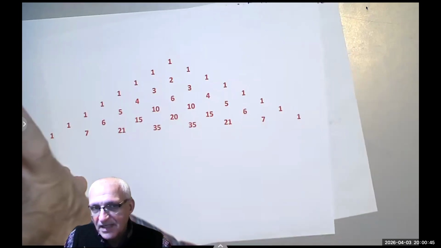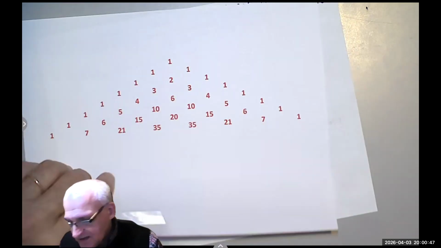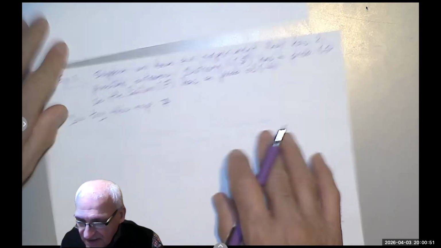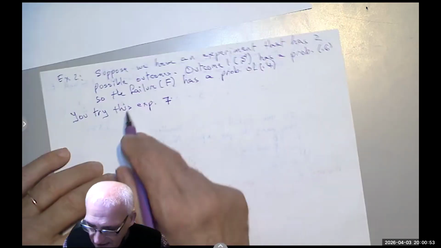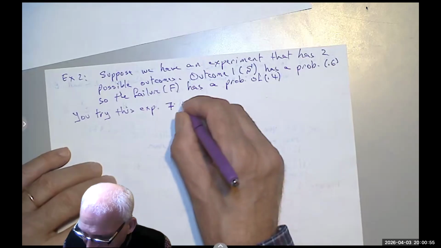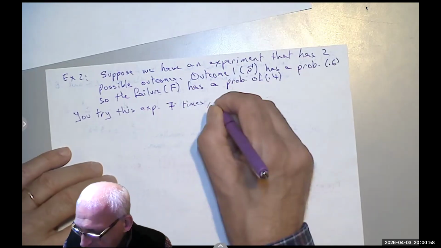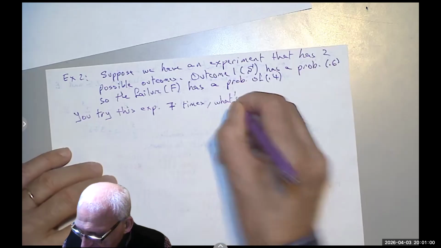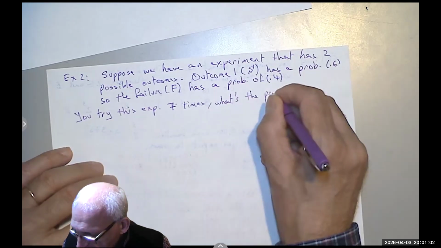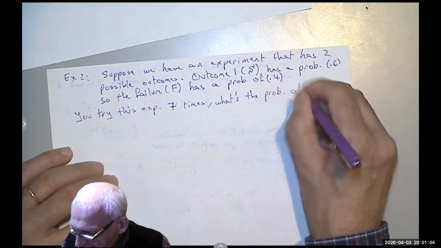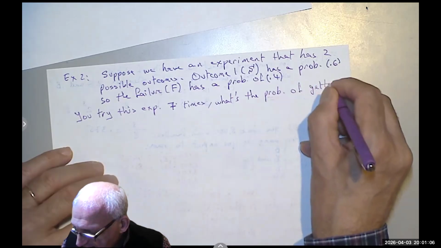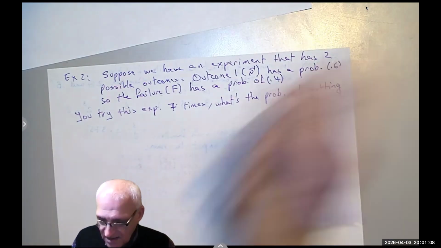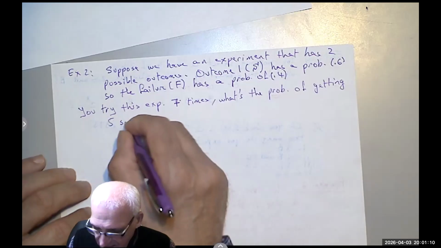No, I said that, yes, but we'll see how we calculate it. Okay, you try this experiment 7 times. What's the probability of getting, and you can write any number of successes, let's say 5 successes.